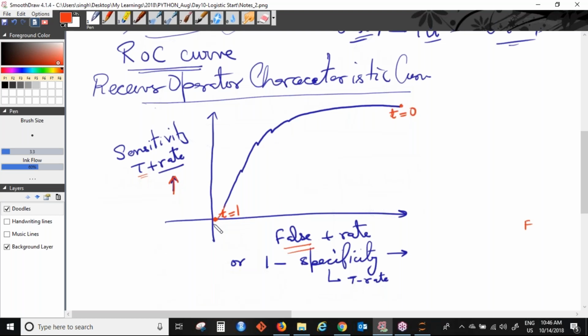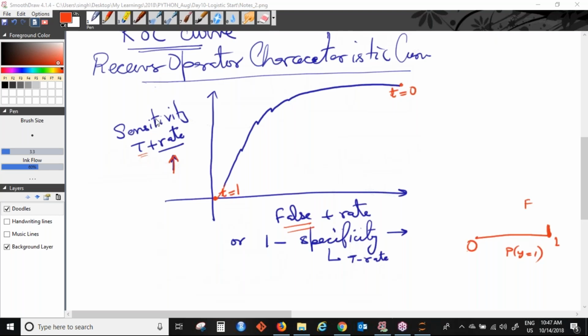Now what would happen when your threshold is 1? Let's say this is the probability of y equal to 1, this is 0 and this is 1. What would happen when your threshold is 1? Tell me guys, how many ones will you predict if your threshold is 1?